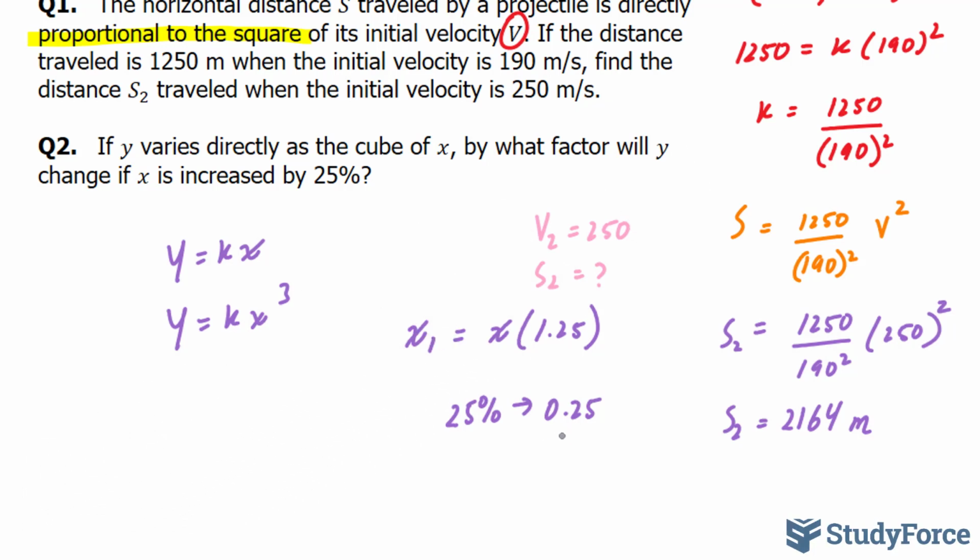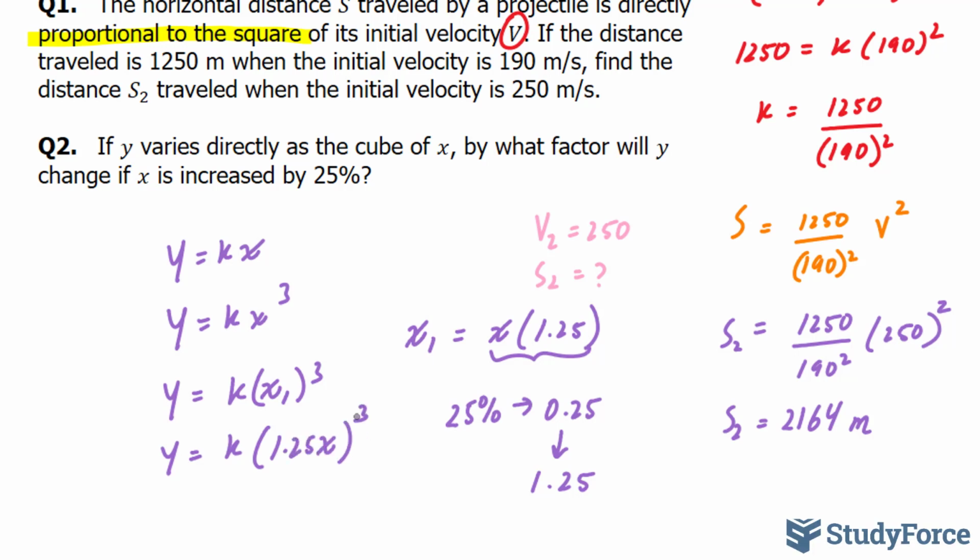That being said, this becomes 1.25, or in other words, the initial plus 0.25, where we model the initial as 1. I'm going to replace this into here, where I end up with y is equal to k times x1 to the power of 3. My x1 is 1.25x to the power of 3.